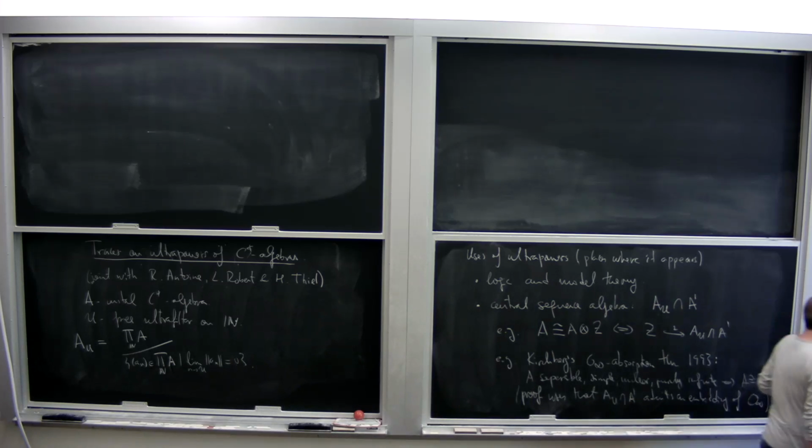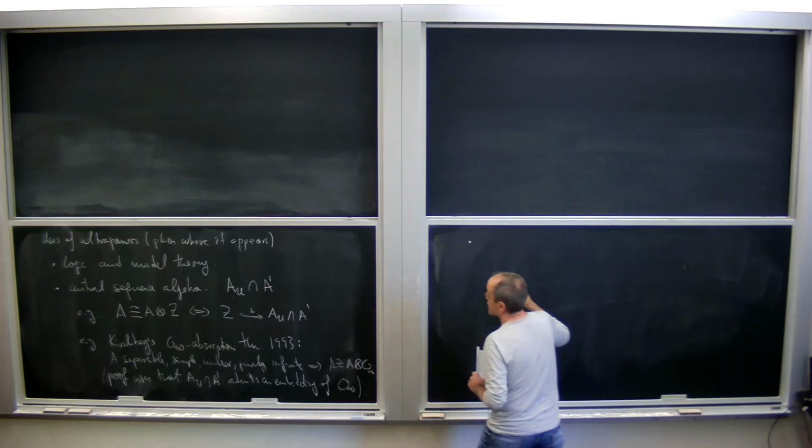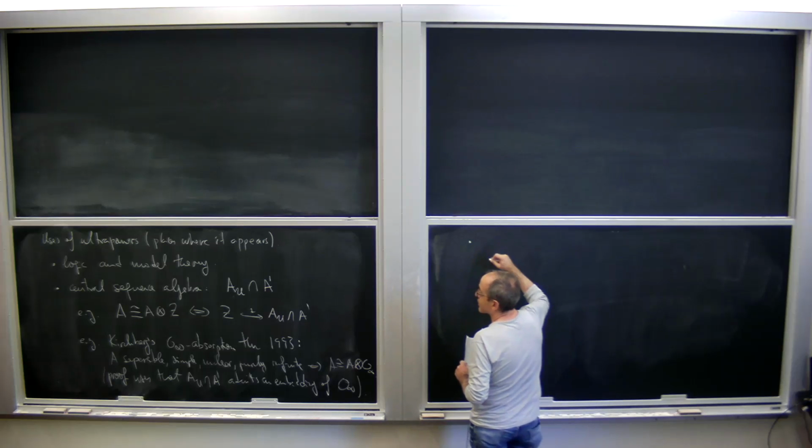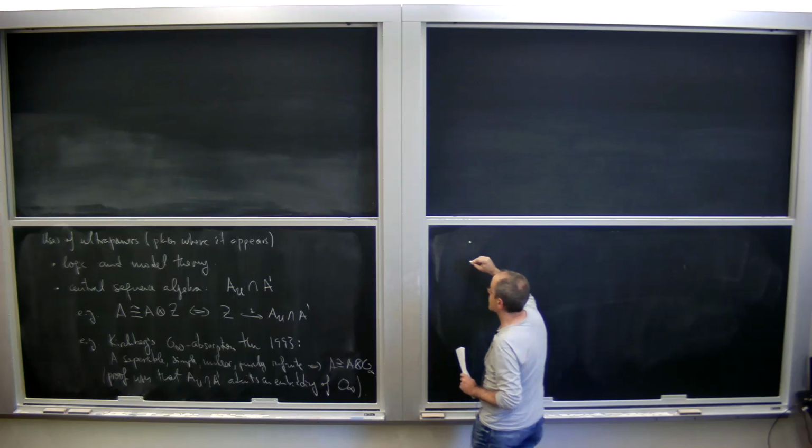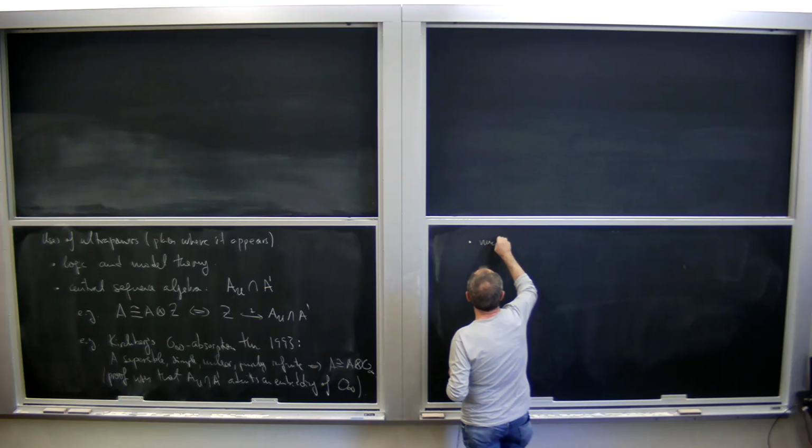And well, another use of ultrapowers also appears in other instances, and one of them I will spend some time with because I will use it later, is in nuclear dimension.